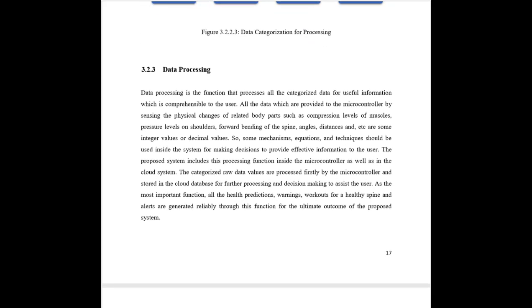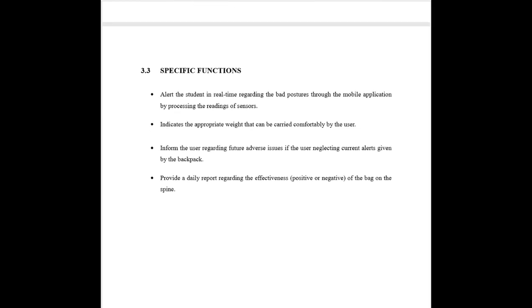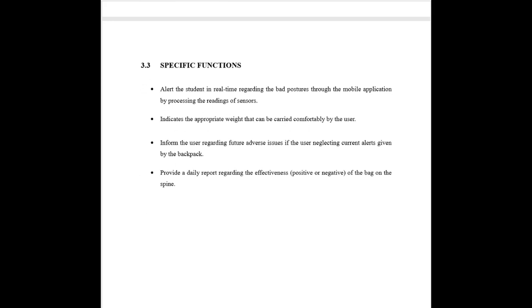And another functionality is data processing, and there are some specific functions. Alert the student in real time regarding the bad postures through the mobile application by processing the reading of sensors. Indicate the appropriate weight that can be carried comfortably by the user. Inform the user regarding future adverse issues if the user neglects current alerts given by the backpack. Provide a daily report regarding the effectiveness of the bag on the spine.